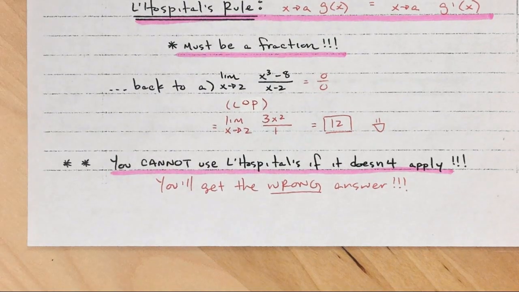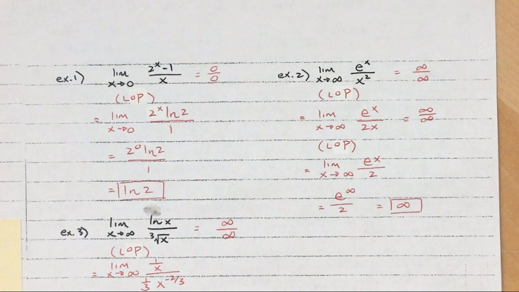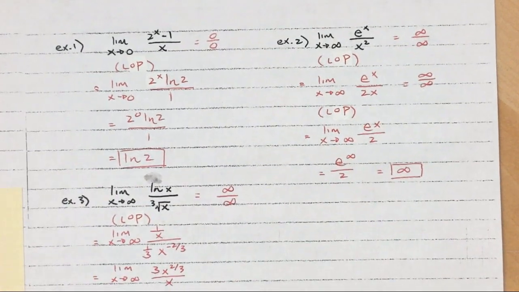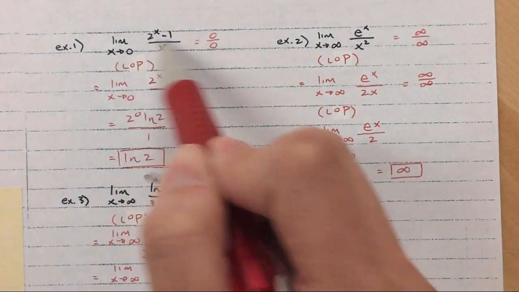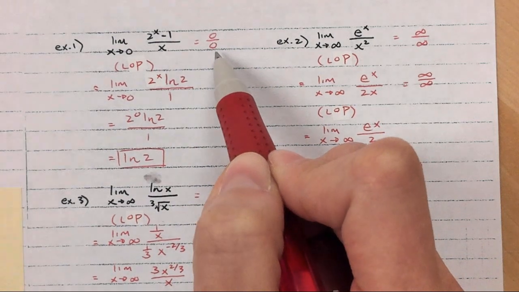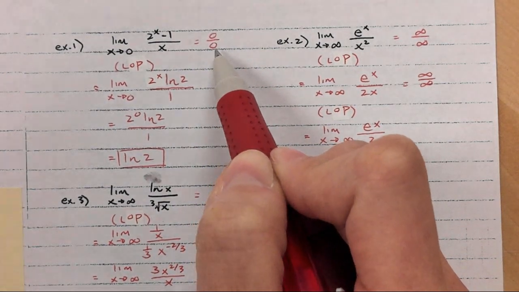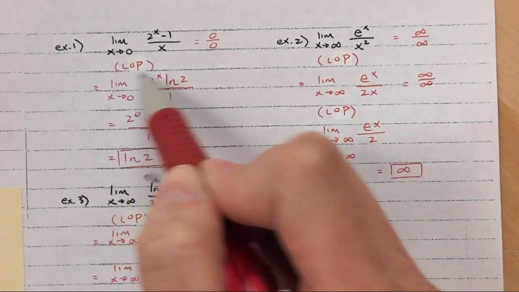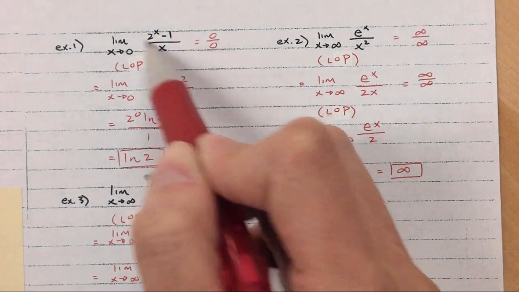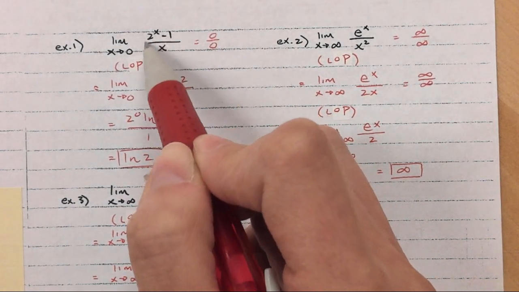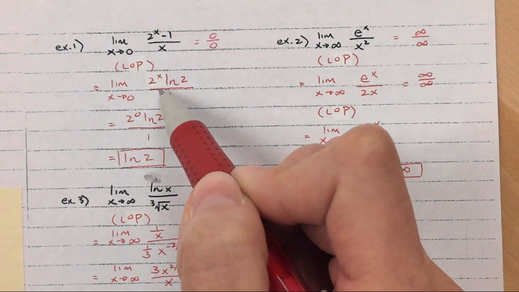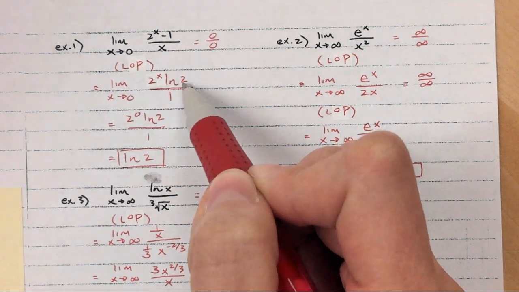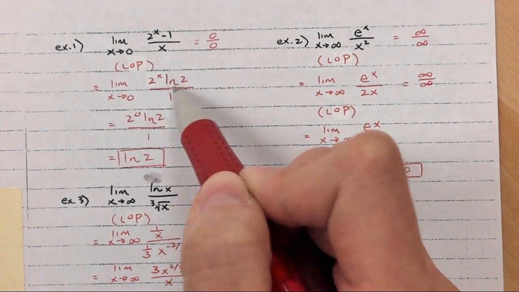All right, so moving on to examples 1 and 2. You plug in 0, and you get 0 on top, 0 on the bottom. That's no good. That's indeterminate form, so we use L'Hôpital's. I tell myself I'm using L'Hôpital. I take the derivative of the top. The derivative of 2 to the x, you have to look at your green paper for the resources, is 2 to the x ln 2.